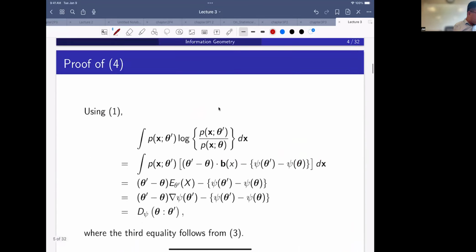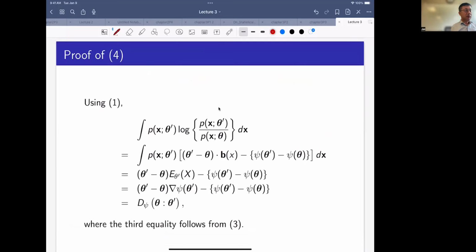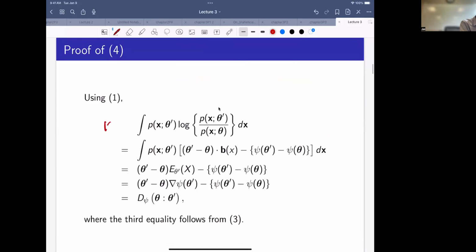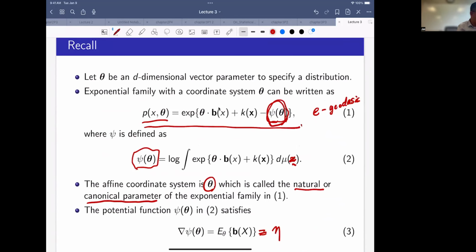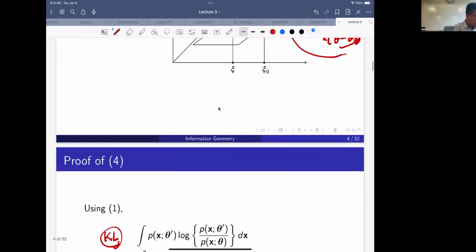So let's take a look at how we can obtain this equality. This is the KL, and equality 4 is basically the exponential family. In equation 1 here, the difference, basically this is theta, and the exponential log of this is just linear in theta.